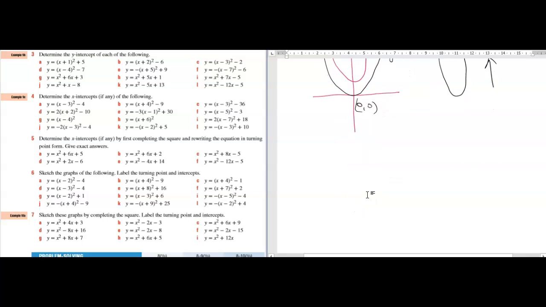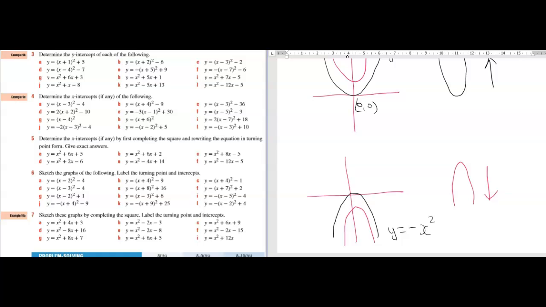If you have a negative parabola, let me quickly show you. Here's our basic one, sitting at the origin. Now, if that's been moved down, you can see it doesn't cross your x-axis. So a negative parabola that's gone down also won't have any x-intercepts.